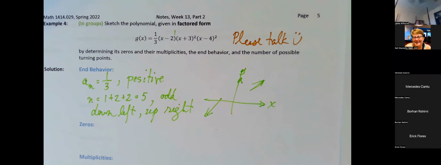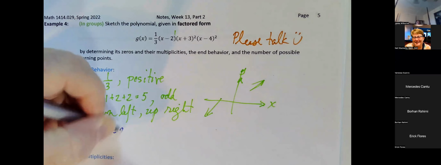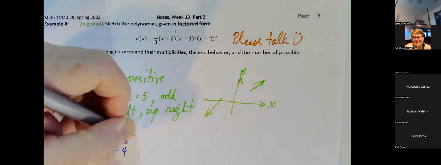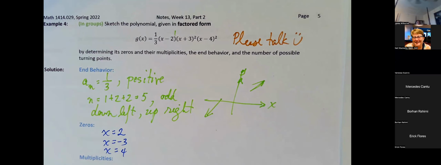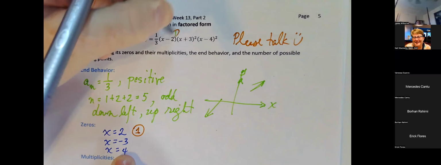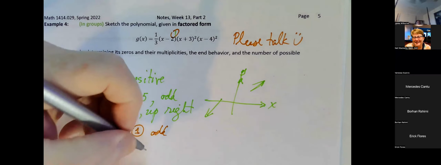And then from there, we would find our zeros, which would basically be 2, -3, and 4. And then we would do the multiplicities. For 2, the multiplicity would be 1, so that would be odd. The multiplicity of -3 would be 2, which would be even.